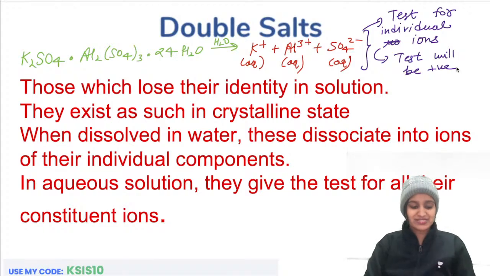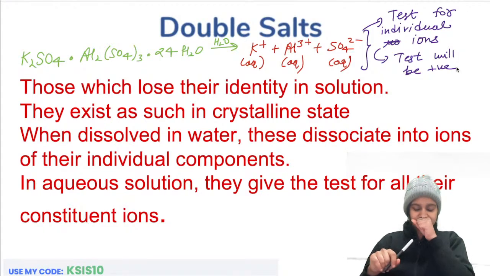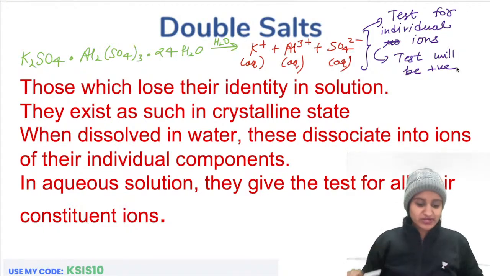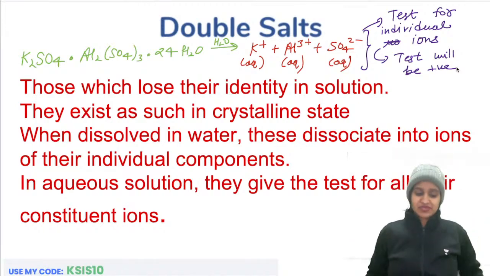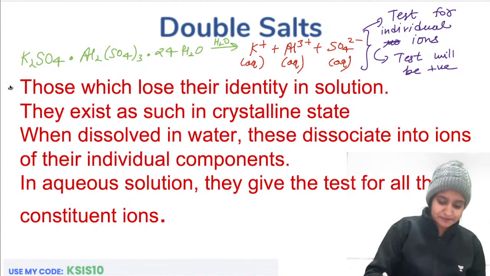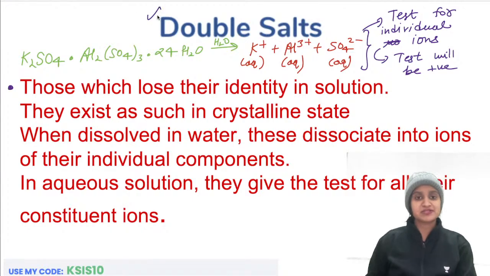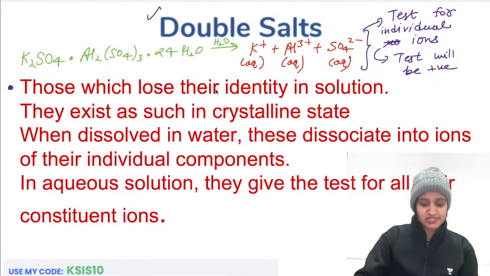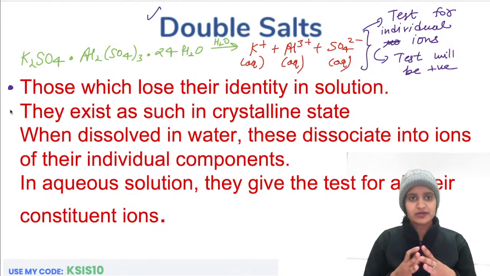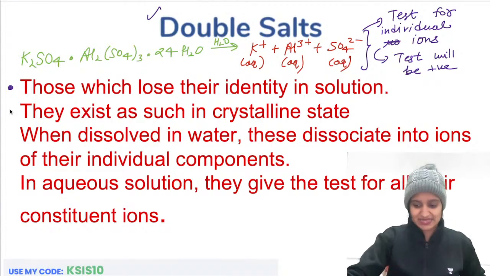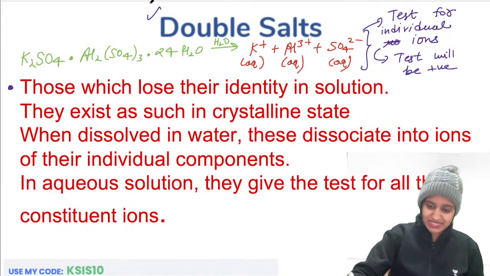Here you can see the difference. The very first thing given here is that those which lose their identity in the solution are called double salts. All this stuff is about double salts. Now double salts are stable in the solid state. As I told you, they are stable in the solid state, there is no problem in that.